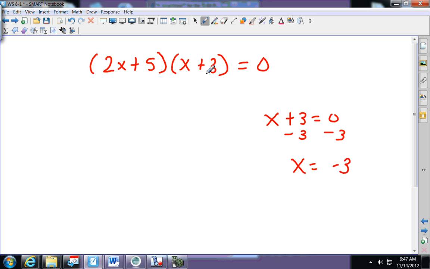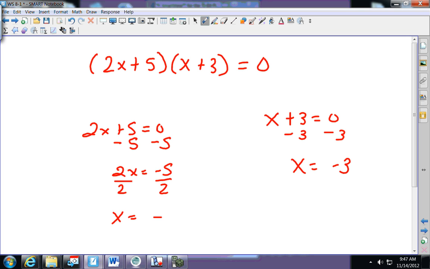That's the opposite, right? But this one, 2x plus 5 equals 0. When I subtract 5 from each side, 2x equals -5. If I divide by 2, I get x equals -2.5. Okay? So that's why I'm saying that we're going to have to make sure we know how to solve by hand, because we're going to have to find that out. I think that's coming up in one of the next ones.